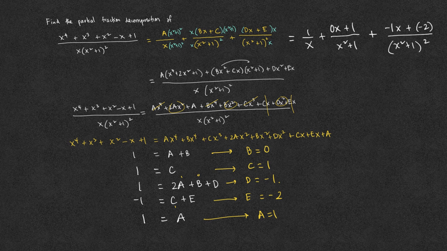And simplifying this, we have 1 over x plus 1 over x squared plus 1 minus (x plus 2), where we factor out the negative 1 in the numerator, over (x squared plus 1) squared.